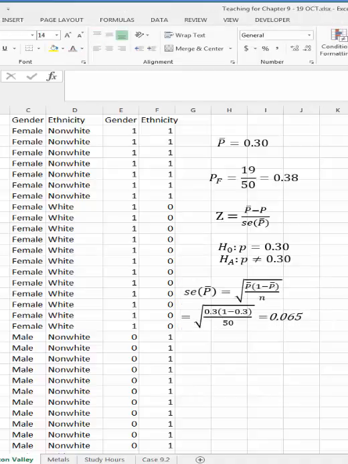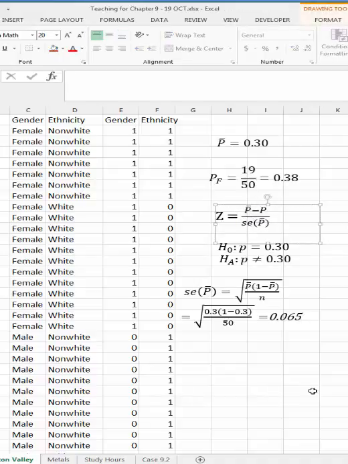So now we can go about calculating the Z computation. We'll take this formula here and copy it down here, and we can just do the same thing again.